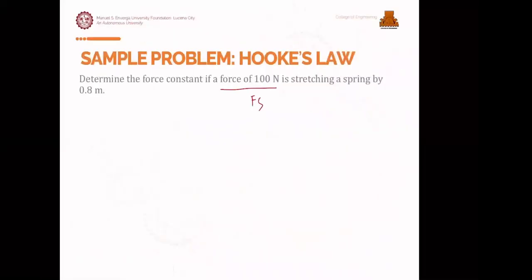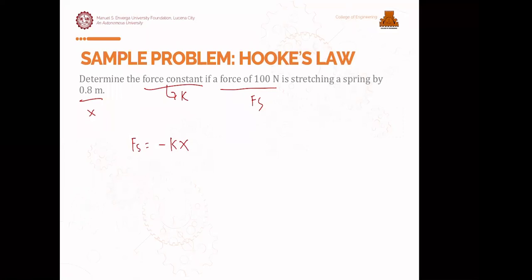Okay? So, let's go back to the second question. Determine the force constant. Force constant pertains to k. We have Fs of 100 Newton stretching the spring by 0.8 meters. So, this is x. We have Fs equals negative kx.